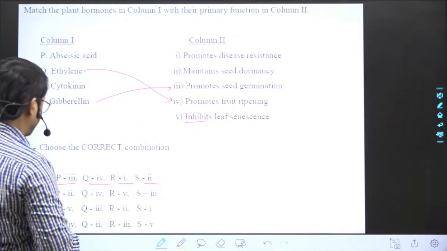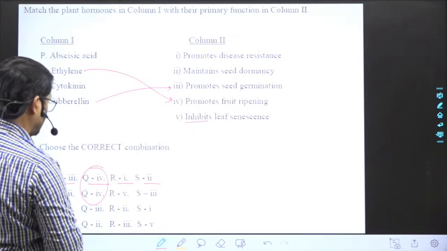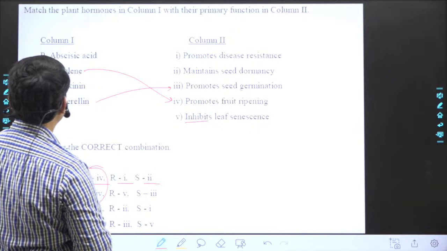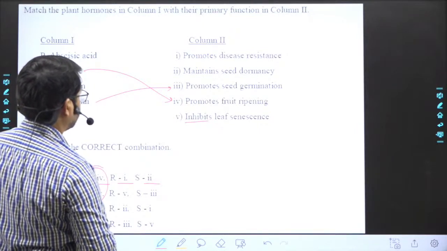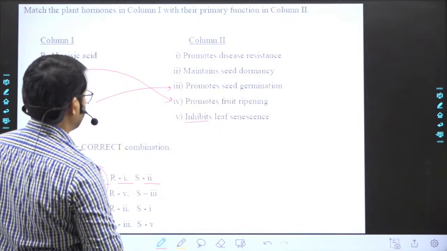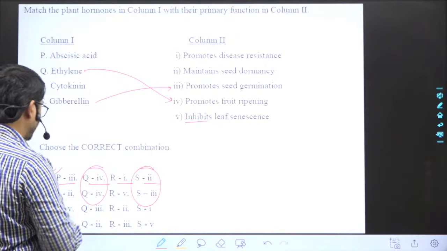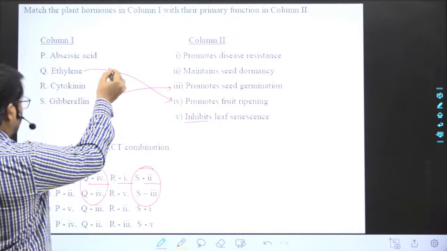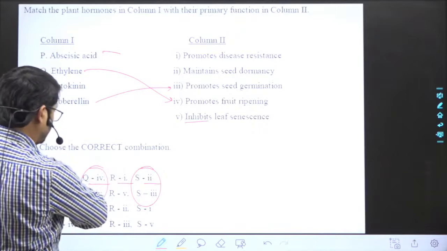You know Q is 4, so these two, okay, R, S, so option number A, right? P is saying, sorry, what it is, just a minute.